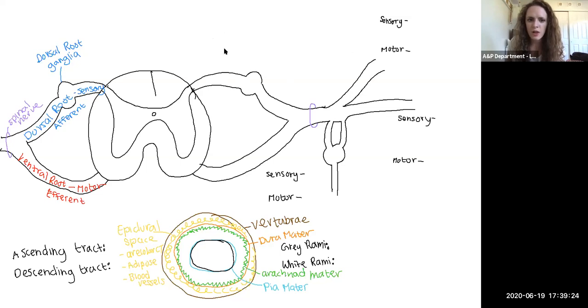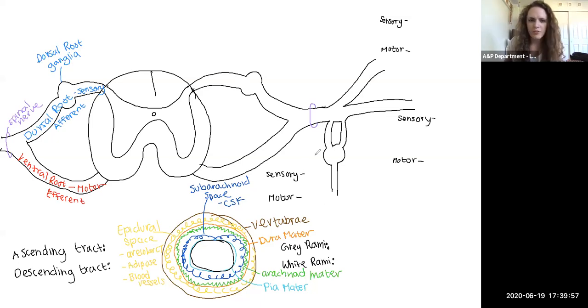This is full of cerebral spinal fluid. So here's my fluid. Okay, your pia mater and your arachnoid mater have a space. It's called your subarachnoid space. Subarachnoid space. And it houses cerebral spinal fluid.